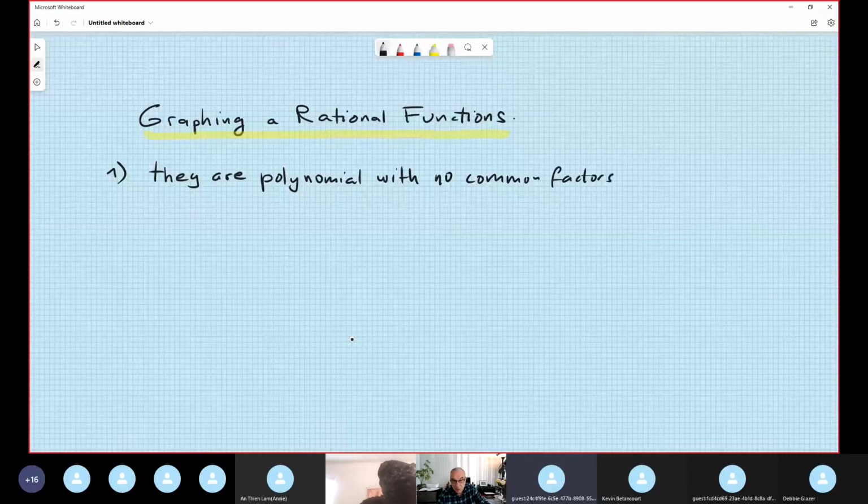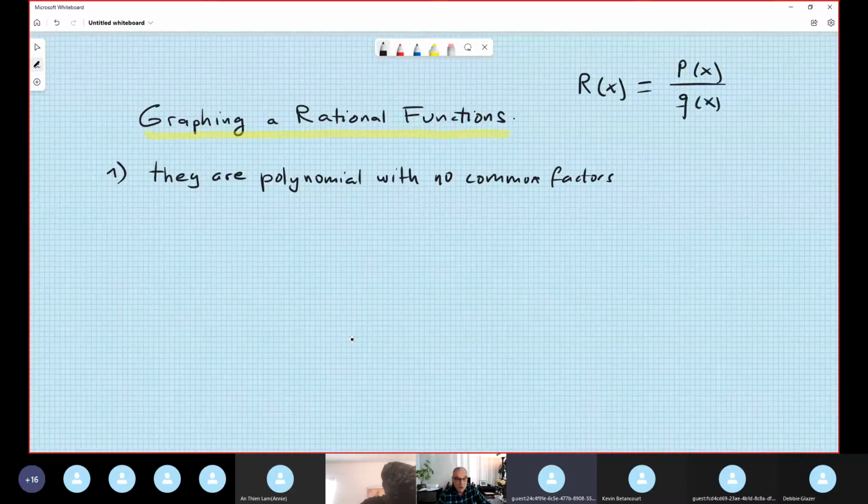Let me explain in detail what I mean by that. You have a rational function, R. By definition, a rational function is the division of two polynomials, P and Q. This is synonymous with saying you express it in factored form. In other words, it is the factorization of P and the factorization of Q.